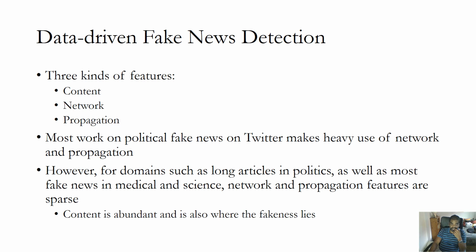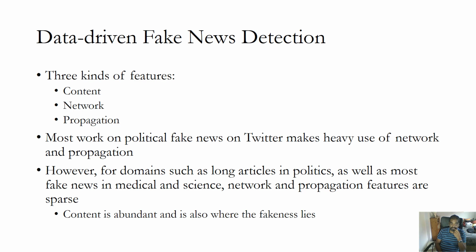However, for domains such as long articles in politics, as well as most fake news on medical and science domains, network and propagation information are sparse, because you're talking about a particular medical condition which is not heavily in the public domain at that point, not abundantly occupying the mental space of a lot of people. So the propagation information is subdued and long drawn across many days or months, and it's not as real-time critical as compared to political fake news.